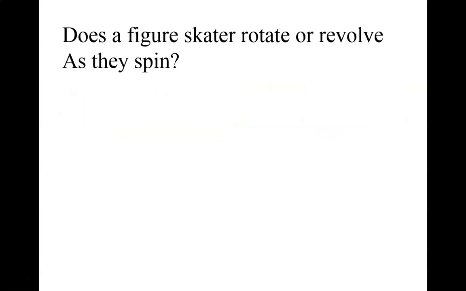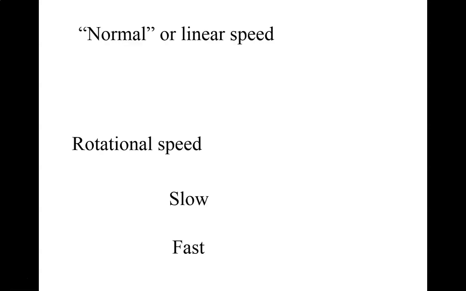And that just depends on how they formed. So does a figure skater revolve or rotate as they spin? Well, if it's one person, then they are spinning about their axis of rotation, which goes through their body core, their center. So anyway, they're rotating.